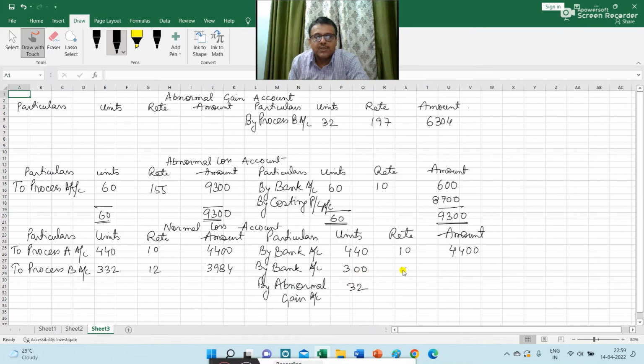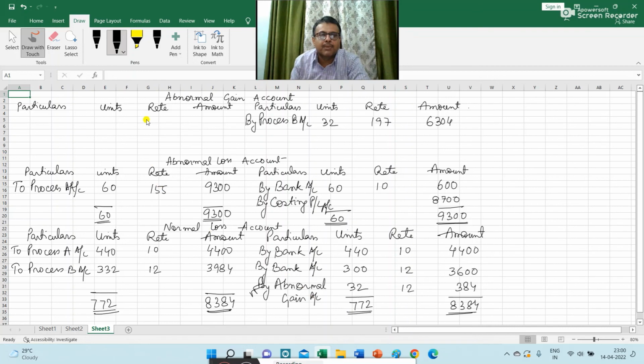These 300 units will be sold as a scrap at rupees 12. So this is 3,600, and the abnormal gain of 32 units will be valued at rupees 12 per unit, and this amount is 384. So you can see that on the debit side, the sum total of units is 772, and the amount is 8,384. This is 772 and 8,384. Now this amount of abnormal gain which is recorded in normal loss account will be transferred to abnormal gain account.